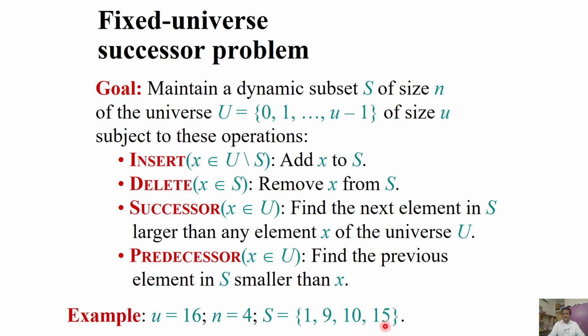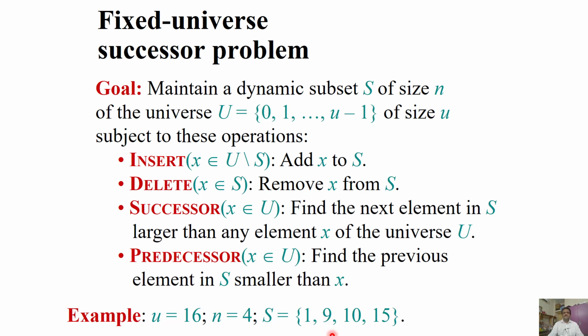Now, if we have to find the successor of 2, the successor of 2 is 9. The successor of 3 is also 9. The successor of 1 is also 9. So, that is the query.